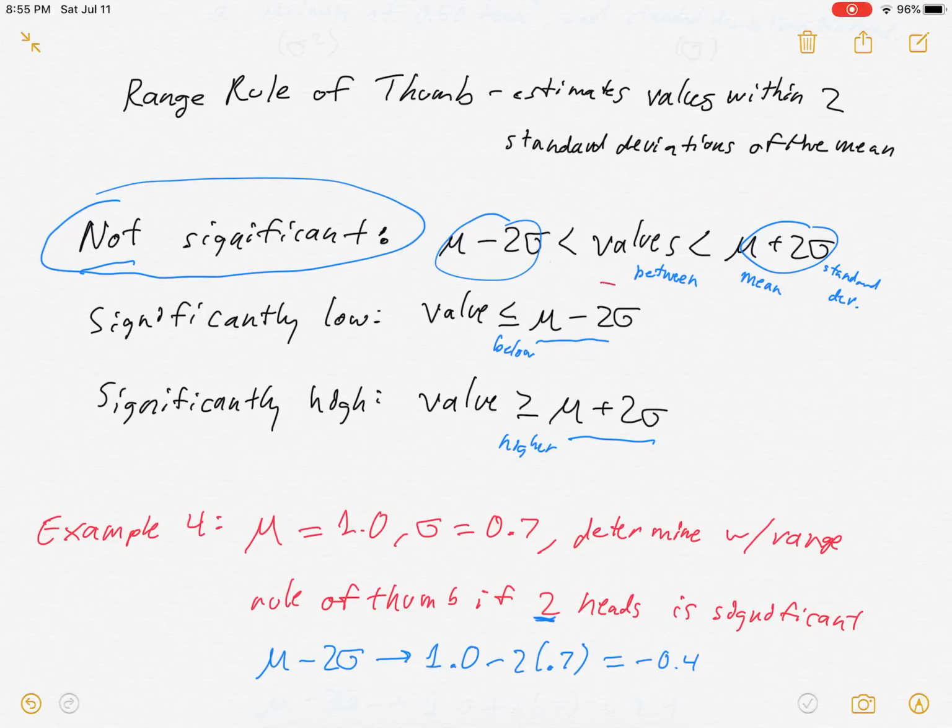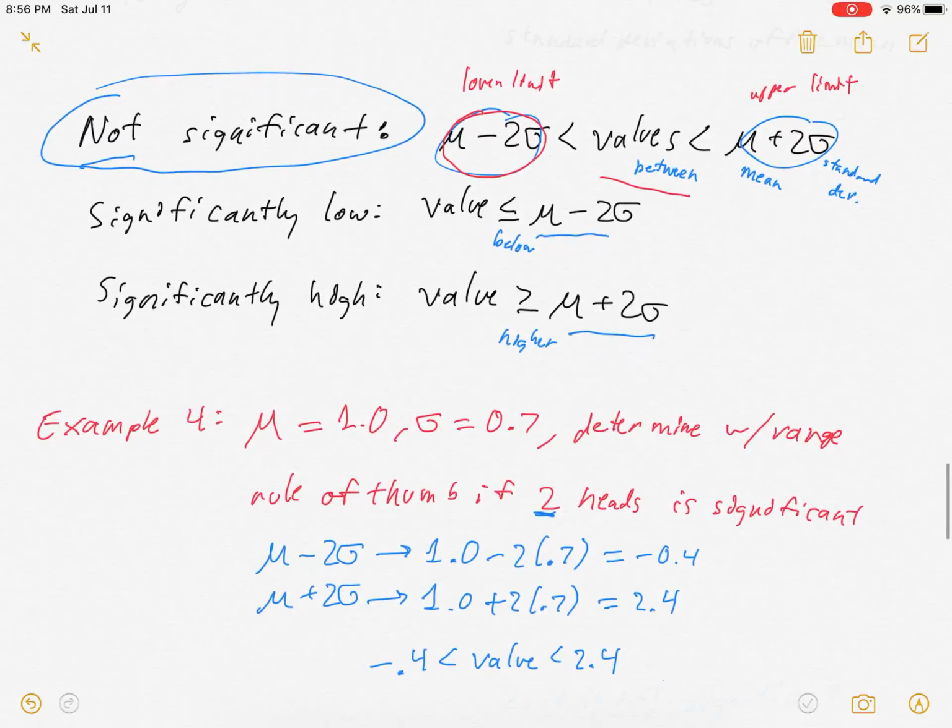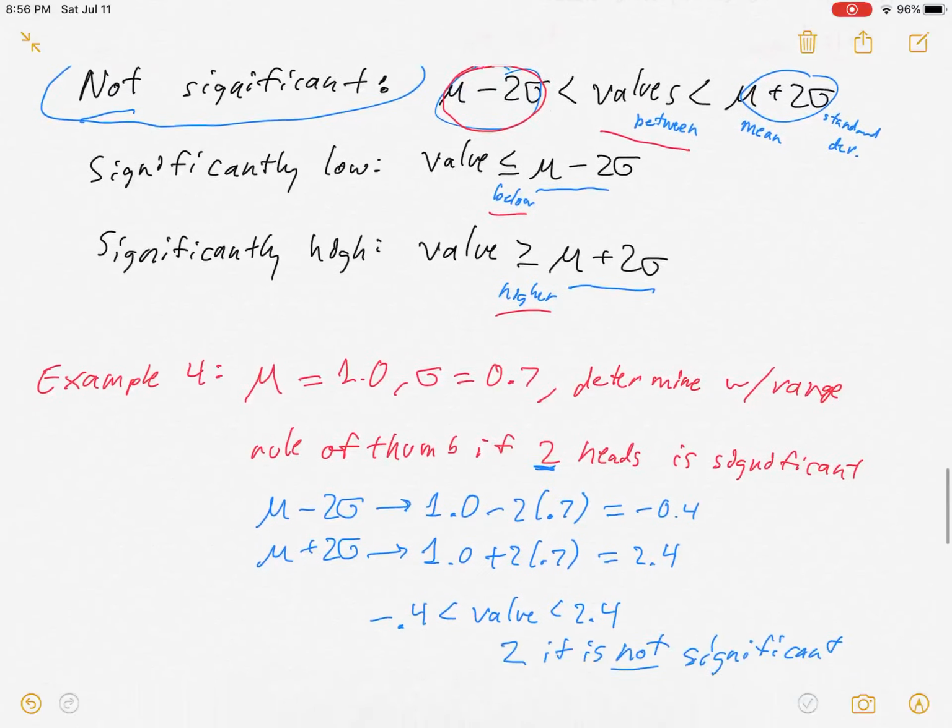You can see that the value stays between mu minus 2 sigma, which is the lower limit, and mu plus 2 sigma, which is the upper limit. Again, mu means the mean, and sigma means standard deviation. As I said before, anything below the lower limit is significantly low, and anything above the upper limit is significantly high.